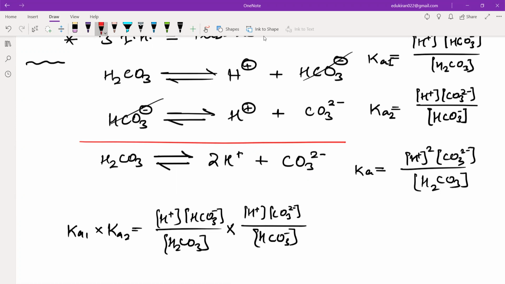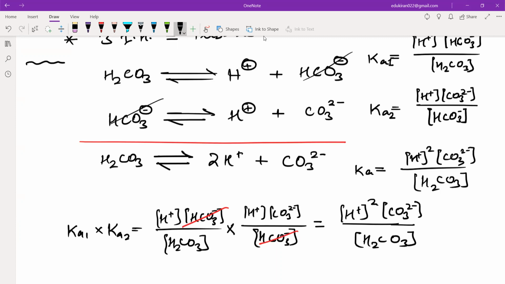Here also we can cancel HCO3 negative, and the final term will be similar to Ka. We have 2 H positive, that is why it will be squared, into CO3 2 negative divided by H2CO3.